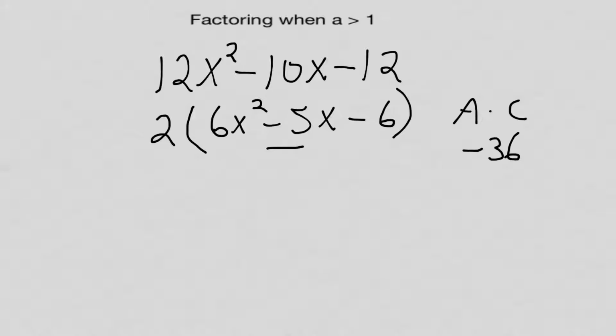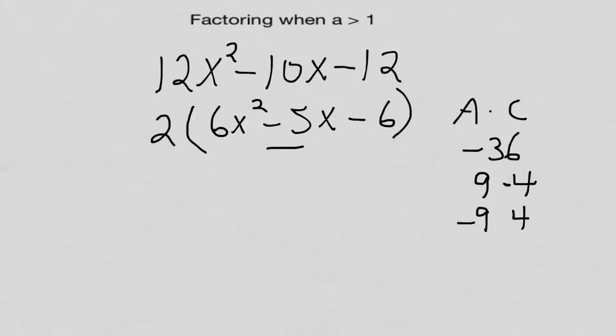So the first ones are silly, and there's no sense even writing them down. 36 and 1, 18 and 2. All right. After that, I come up with 9 times 4, which I'm going to make -9 and 4.